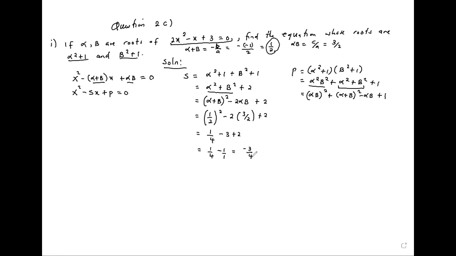We got alpha beta. Alpha beta is 3 over 2 squared plus alpha plus beta is half. Hello? There where you had to change alpha squared plus beta squared, was it not supposed to be minus 2 alpha beta?